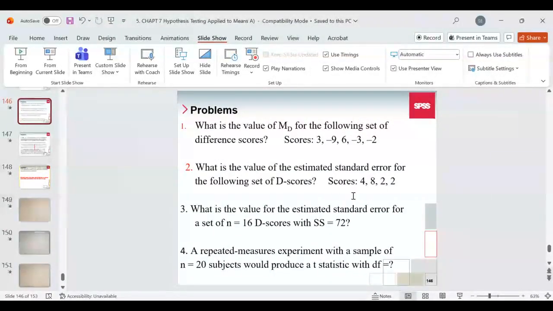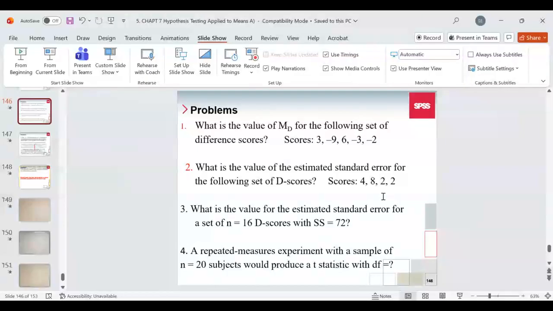Next one, like we said, what's the value of estimated standard error for the following D score? With this one, you need to calculate the variance, use the SS. Once again, you need to do sum of D squared. You add them up. 8 and 2 is 10, 16 is sum of D, right? And then square each one of them and add them up will be sum of D squared. That gives you the value of SS.